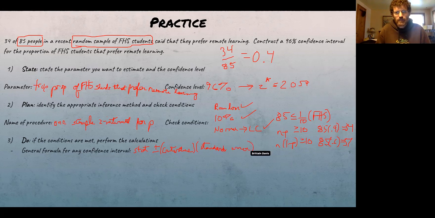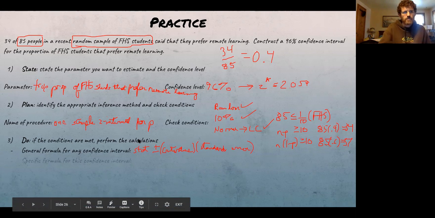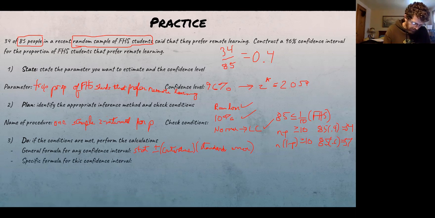All right, and I just pulled that straight from the formula sheet. That's the general formula. And now we want to get more specific. Our specific formula here is going to be p hat plus or minus z star. And again, it's important to identify that z star is your critical value, because we do have other critical values we can use.